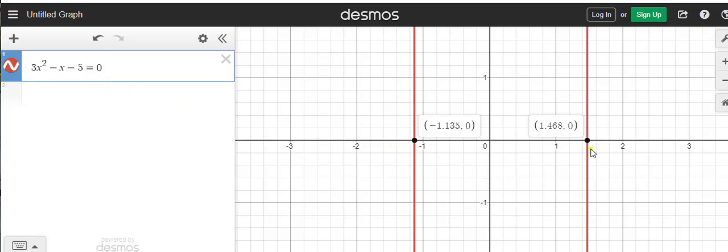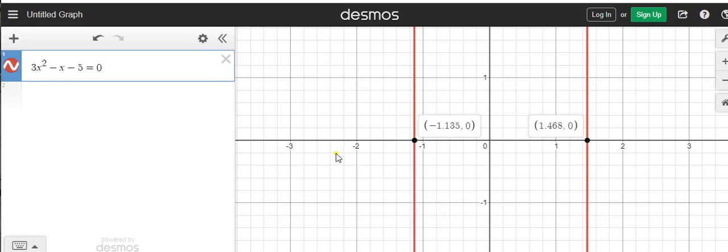And here's a parabola. And I found the x-intercepts. You can find an x-intercept by clicking where the graph crosses the x-axis. So I have two x-intercepts. And these are irrational numbers, meaning that they represent some radical numbers.